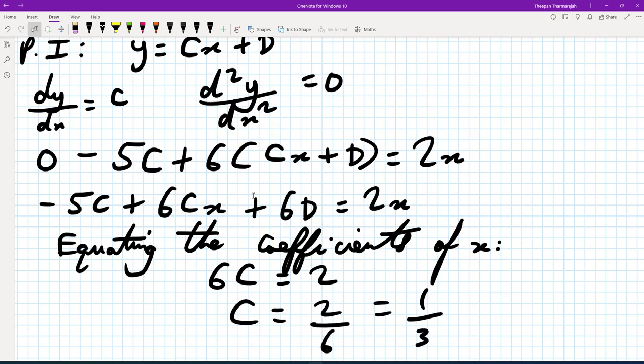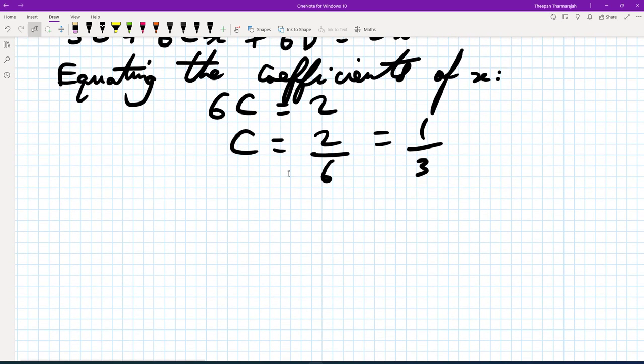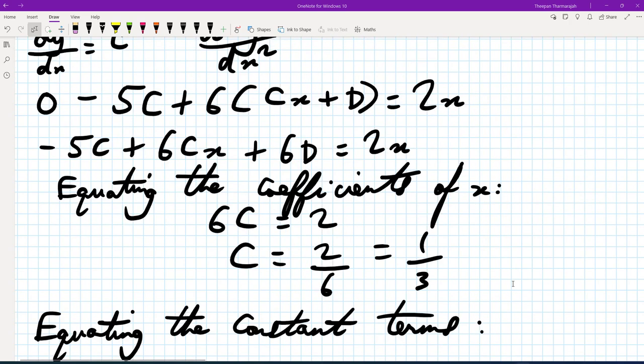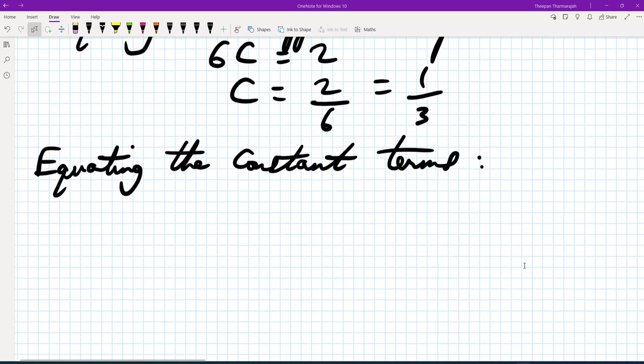And now we're going to equate the constant terms. So equating the constant terms, because there's no constant term, it's going to be minus 5c plus 6d equals 0.